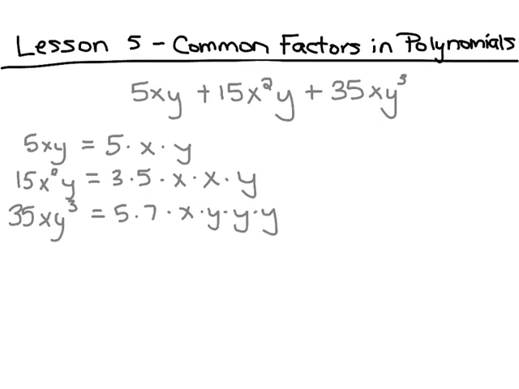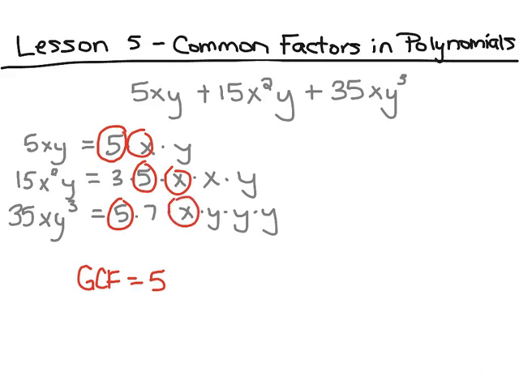So we want to find our GCF, and if you can see quickly, it's going to be 5. And we have one x in common and one y in common.